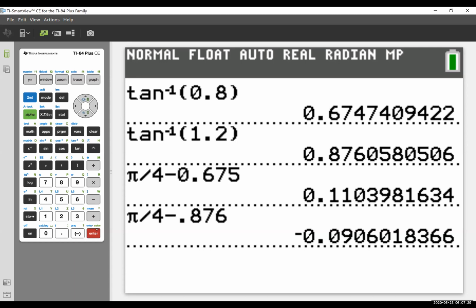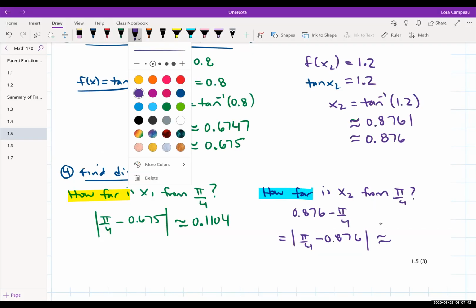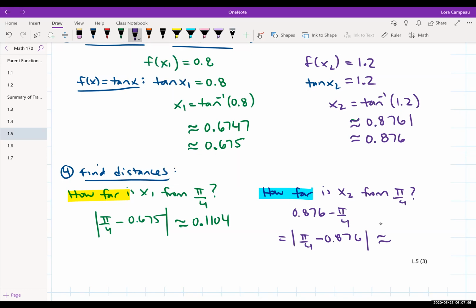So I have something about 0.0906. So let's see what we can do there. Go back, update our results. 0.0906.